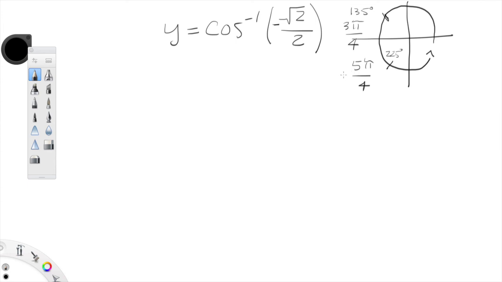It can't be a 1-to-2 relationship. We must find the values of y that satisfy cosine of y equals negative root 2 over 2, where y is in the interval 0 to pi. They define it as just these values here, 0 to pi, so this one is out. So the answer for the inverse cosine of negative root 2 over 2 is going to be 3 pi over 4.